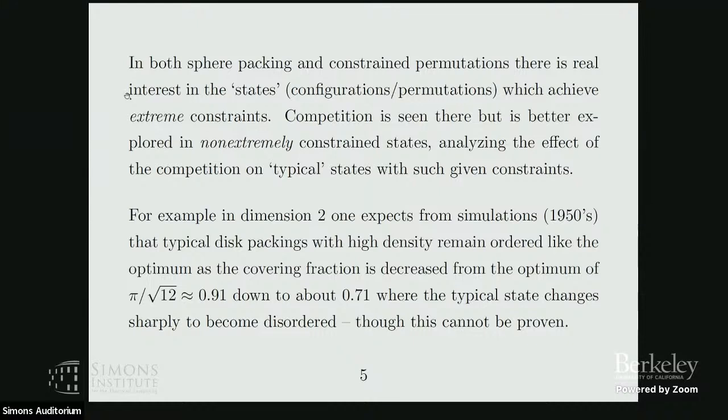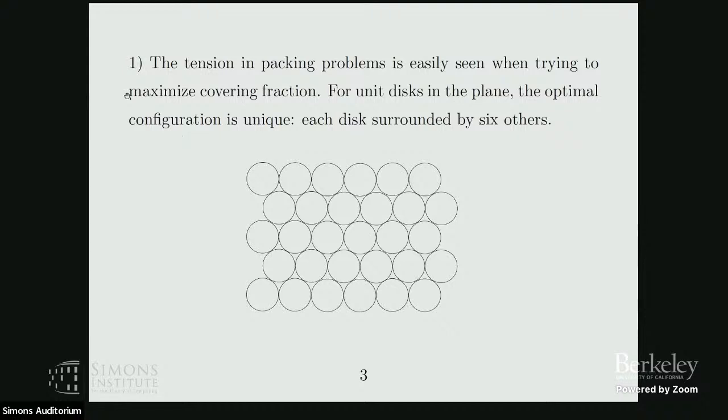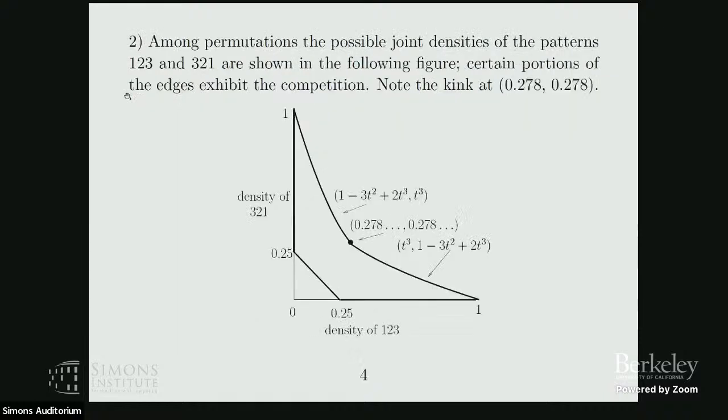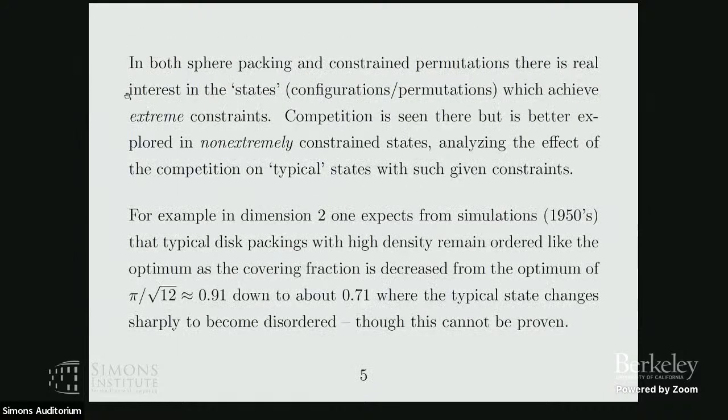So in 2 dimensions, the picture I showed you is the optimum, the highest possible value of covering fraction. But it's been known since the 1950s that if you look at packings with packing fraction 0.81, it will still look very much like that picture. 0.79, down to 0.71.